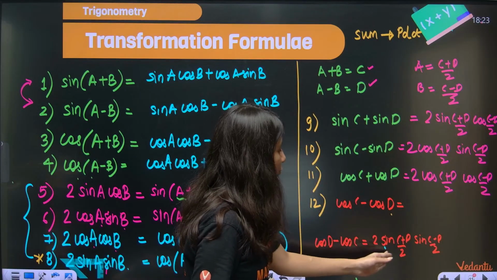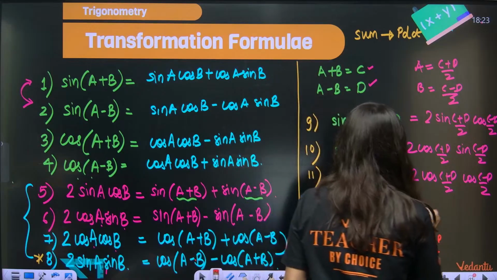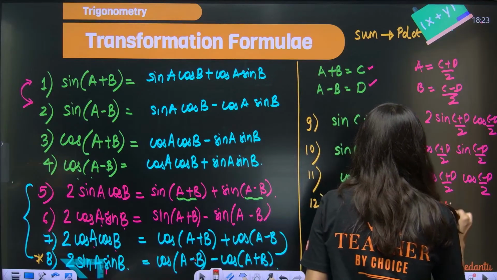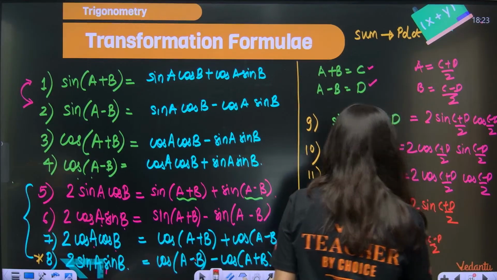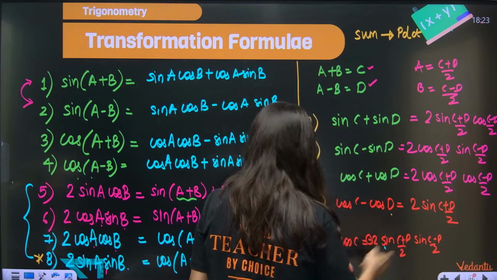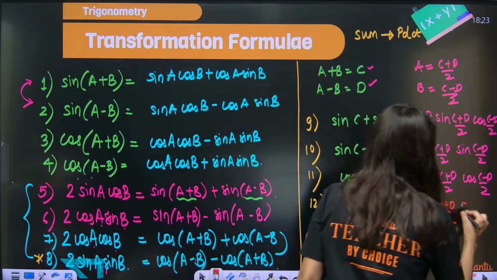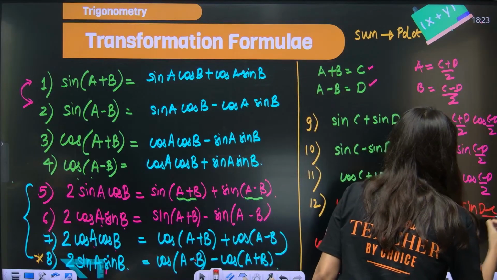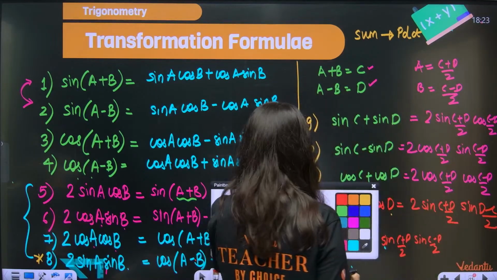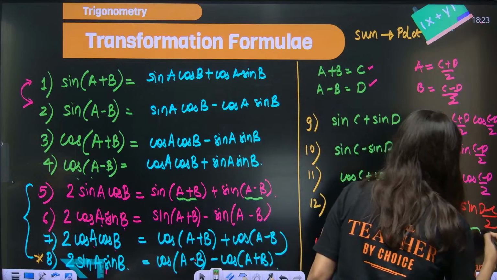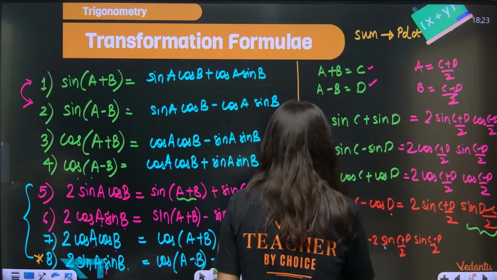So minus 2 sin((C+D)/2). Now this minus sign will go inside, so it will become sin((D-C)/2). This is the only formula we have. Can you just see it and make sure that you remember it nicely.